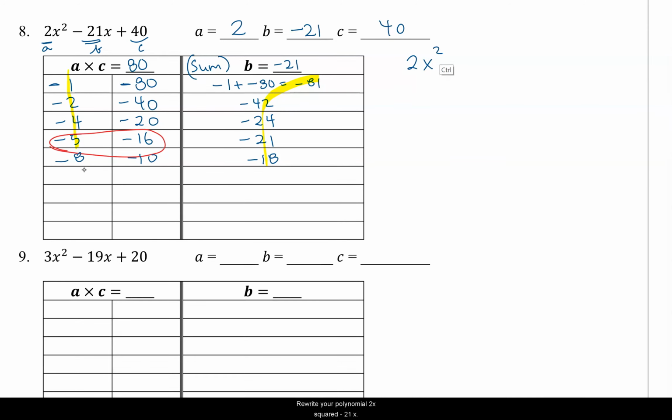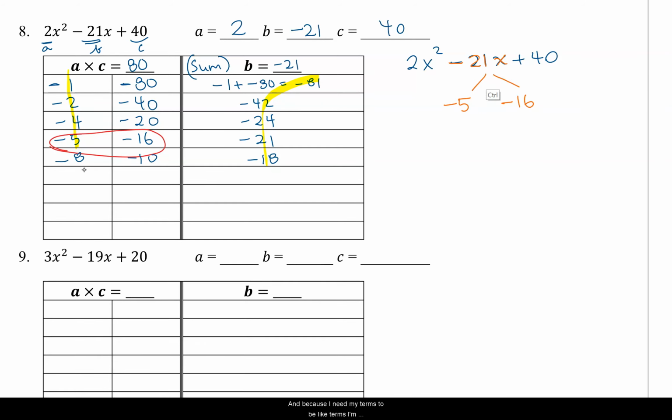Rewrite your polynomial. 2x squared minus 21x plus 40. We're going to take the middle term, negative 21x, and rewrite it using negative 5 and negative 16.